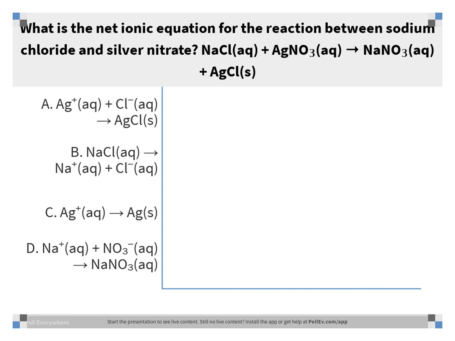It turns out the sodium ions and the nitrate ions end up on both sides, so they cancel each other out. We're left with the chloride ion and the silver ion on the left, and the silver chloride solid on the right. This is going to be the case pretty often, where we have ions on the left that can come together to make the solid ionic compound on the right.